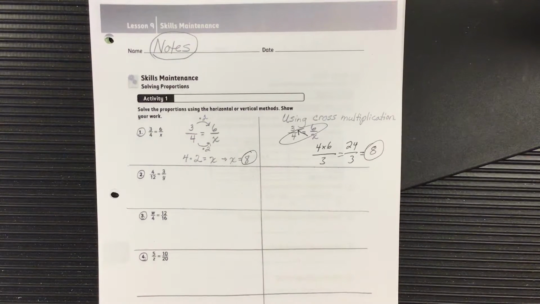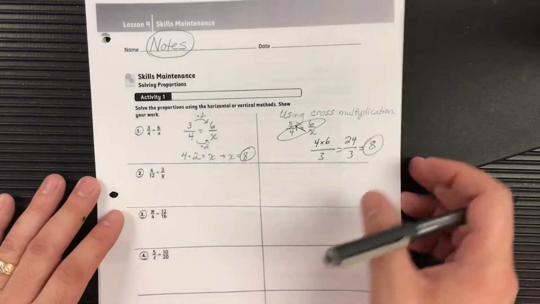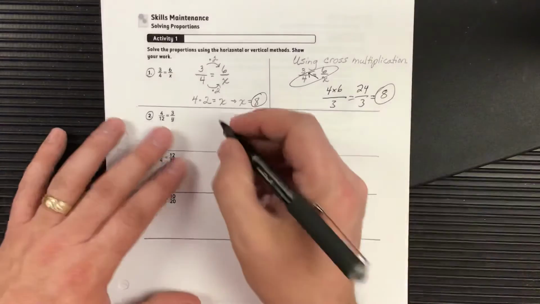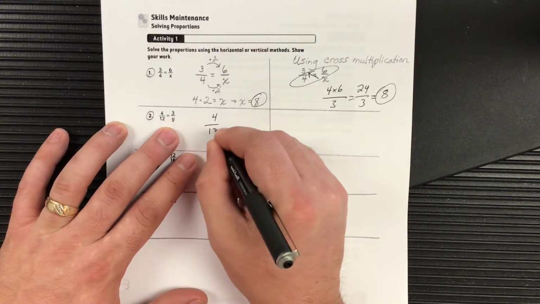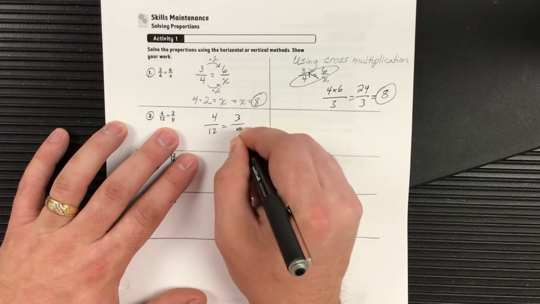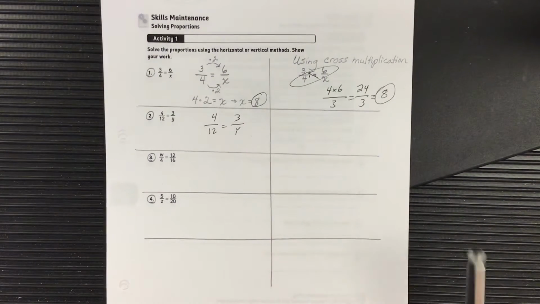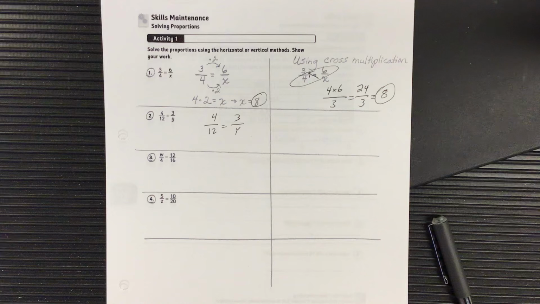Next question. Again, I'm just going to rewrite it. Give me a little more room to draw my arrows. Now, do I want to draw them horizontally or vertically? Up and down.